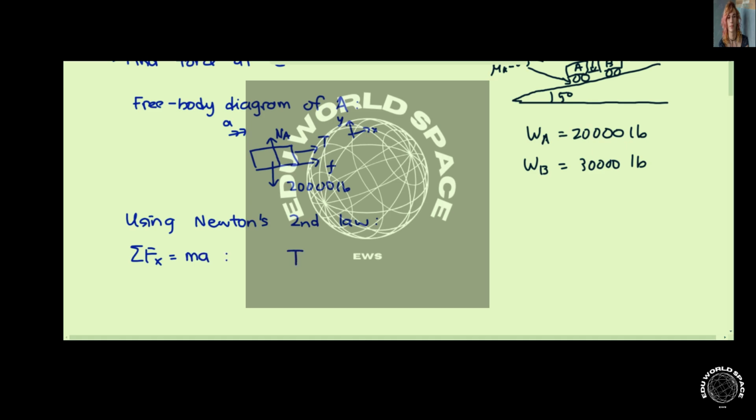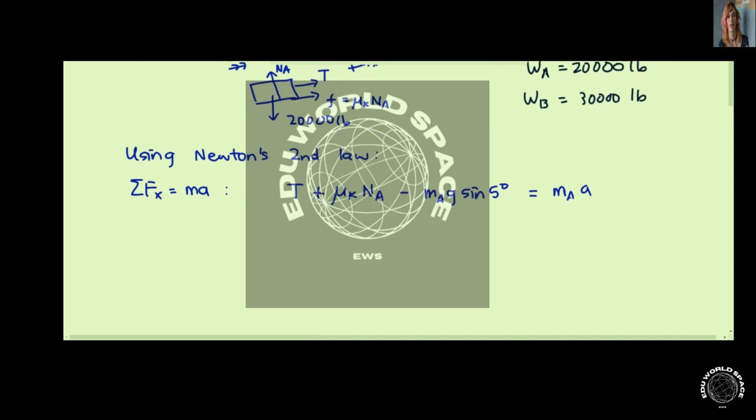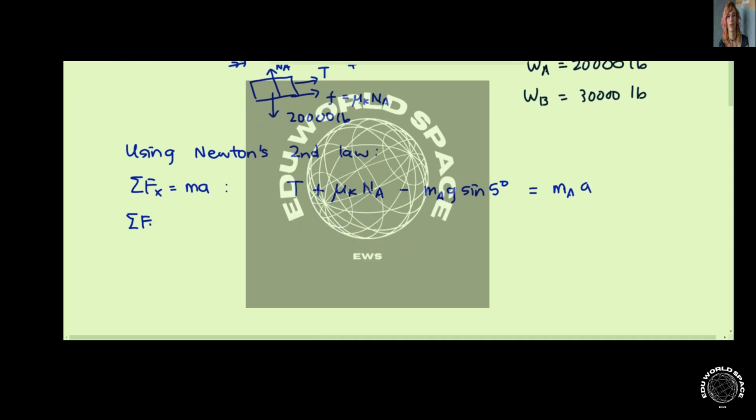So we have T plus the friction, which is mu k times NA, minus mA g sine 5 degrees equals mA times a. And then the forces along y equal 0. So we have the normal force of A equal to mA g cosine 5 degrees.